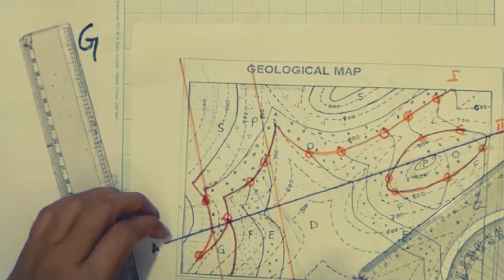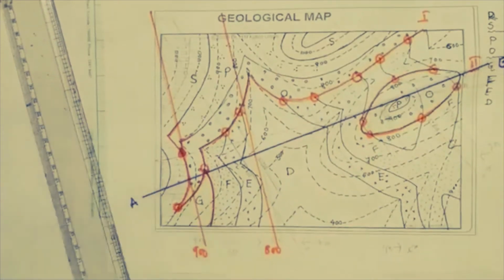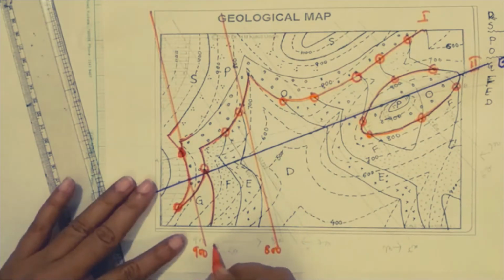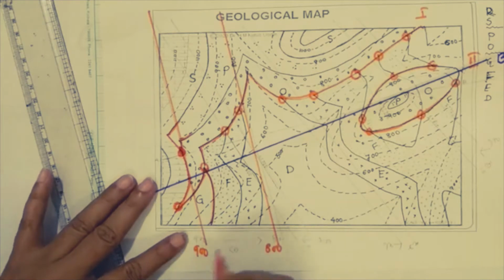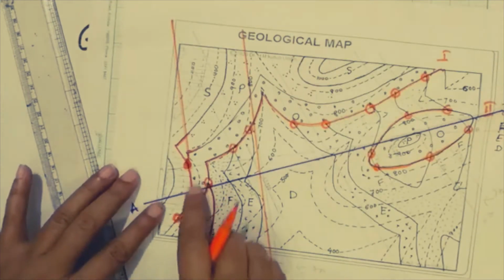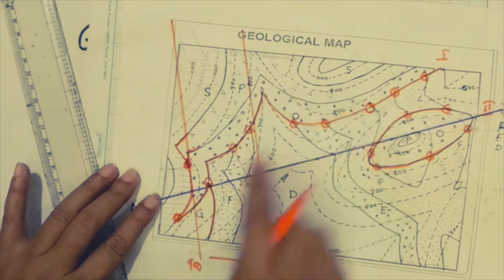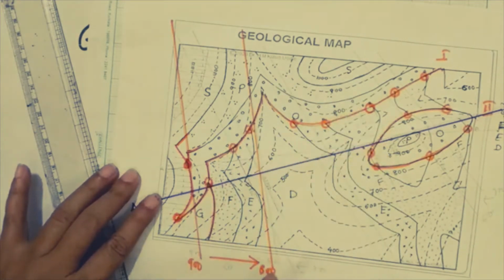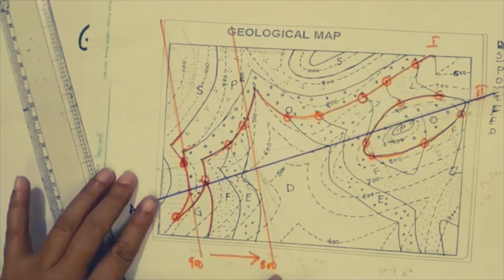Then what will be the direction of the dip? The direction of the dip will be from higher value to lower value. If you pour water, it moves from higher value to lower value. The dip direction is that kind. So for that particular bed, the dip direction and dip amount is 800 to 500 feet.